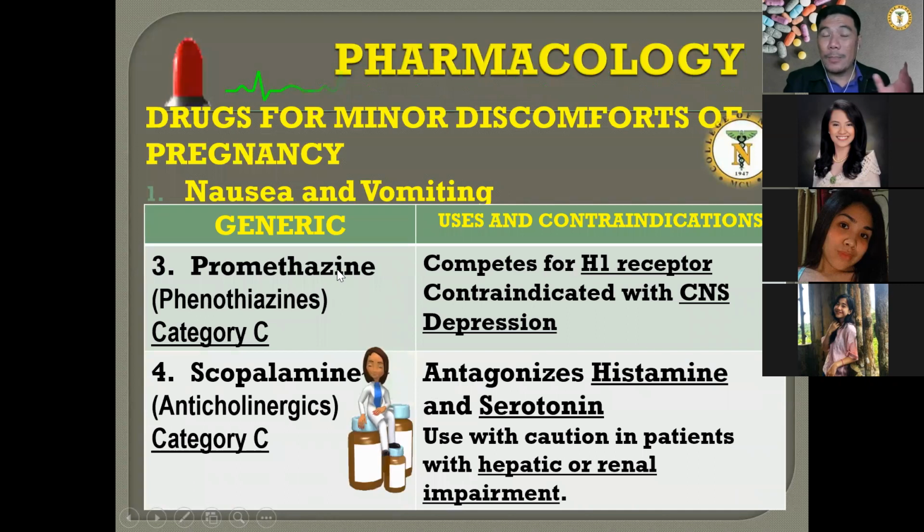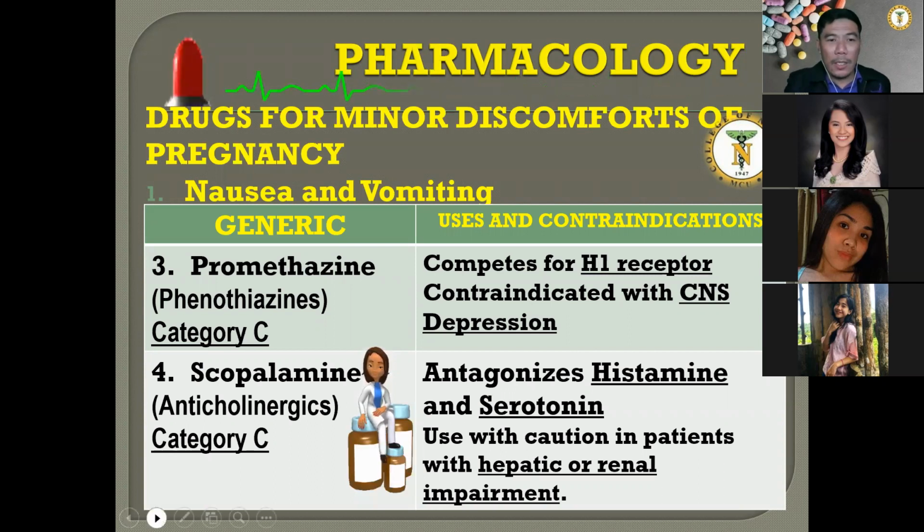For promethazine, this must not be used with CNS depression. Scopolamine, this must not be used with liver and kidney impairment. So these are the things that you need to take into consideration, because the nurse will be guided on how you will complete the drug history in relation to the pregnancy, and at the same time with certain comorbidities.